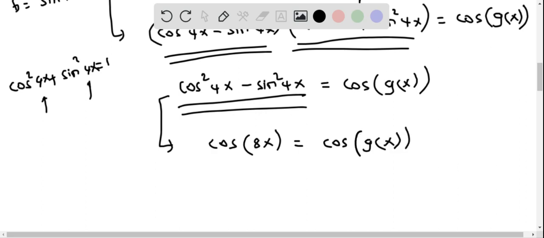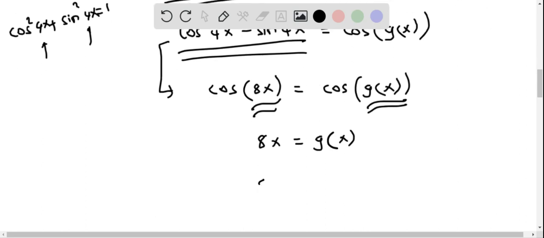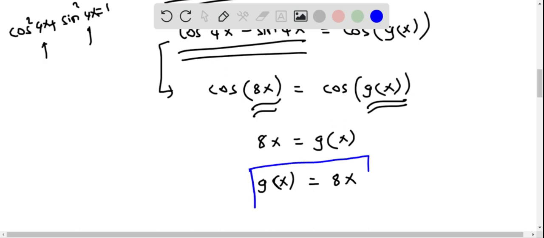And so therefore both sides have a cosine function, and this means the inner parts of the cosine functions should also be equal. That is, 8x equals g of x. Otherwise we say that g of x equals 8x. So we have determined that g of x equals 8x.